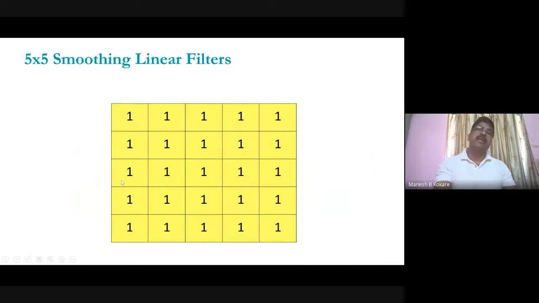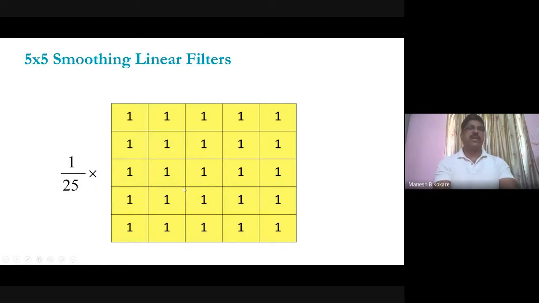When you increase the size of the mask, definitely the number of neighboring pixels considered will be more. Here, the simple averaging mask of 5 by 5 will be multiplied by 1 by 25. Similarly, if you increase the size of the mask to 7 by 7, this value will be 1 by 49.